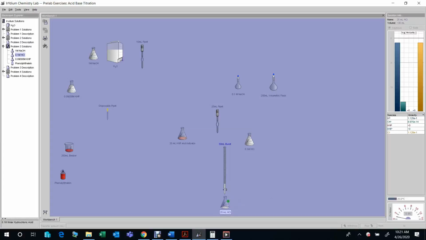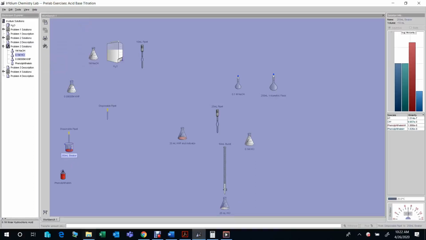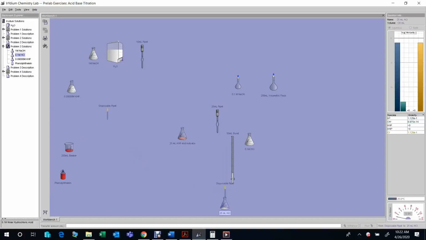And then same thing, we need to add some indicator. We use a disposable pipette. We add 0.02, withdraw, and then pour.